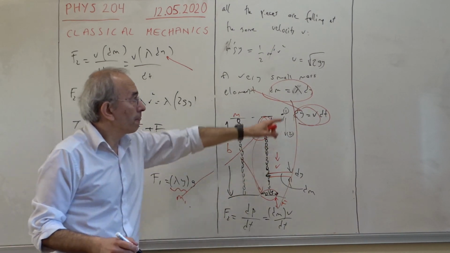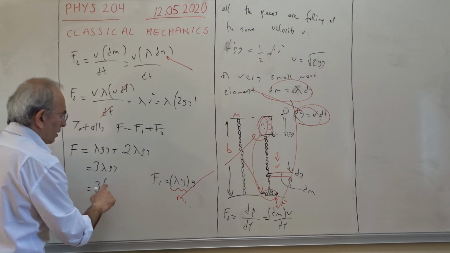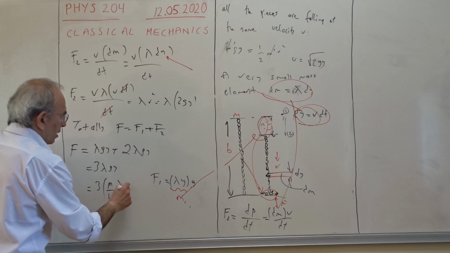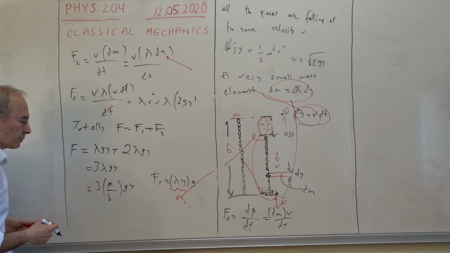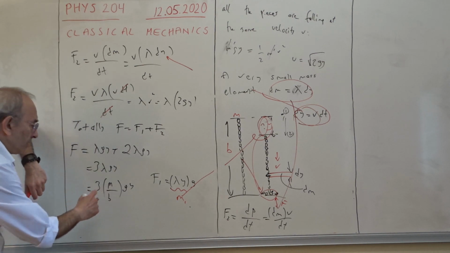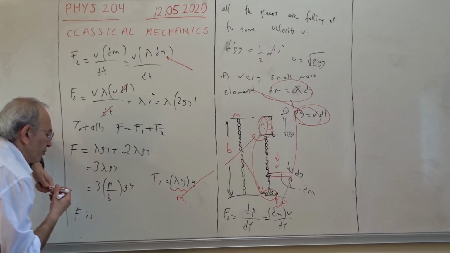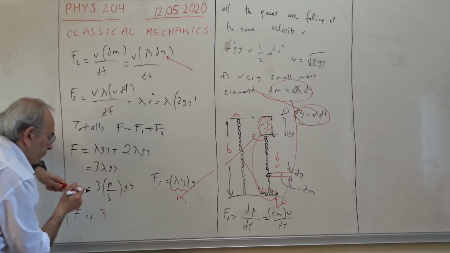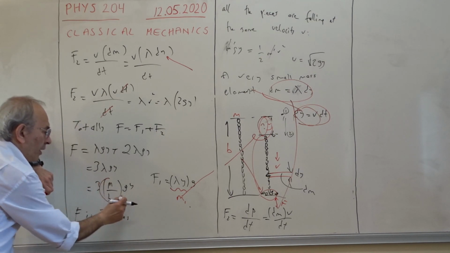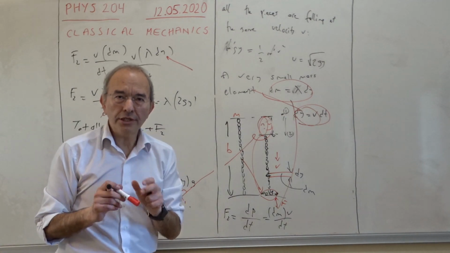What is lambda? It is the linear mass density. So lambda times y is the total mass m by total length times y, and this part is just the mass of the collected, accumulated part.